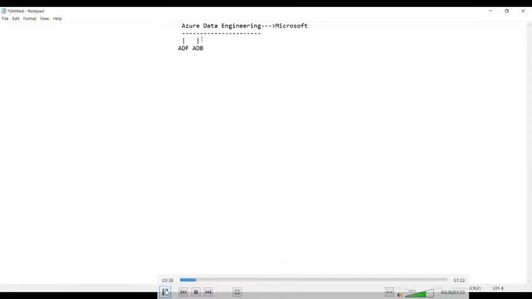And apart from this, we also have the service called Azure Synapse. I'll explain one after the other, don't worry. We have many more services, and some of the highlighted services I will tell you.